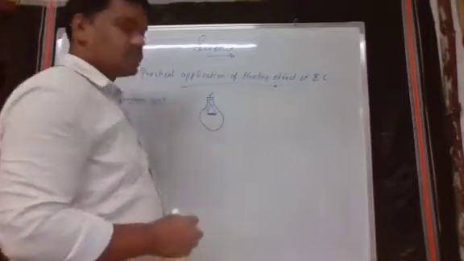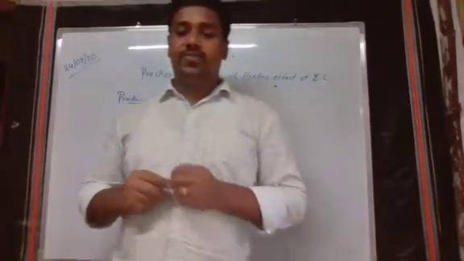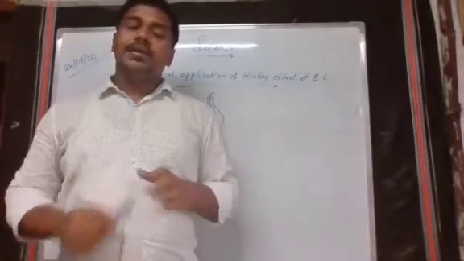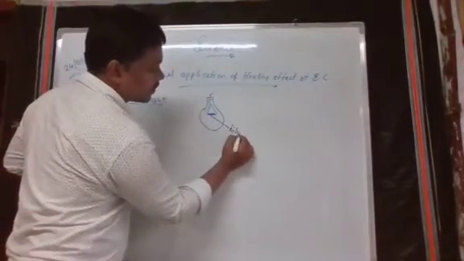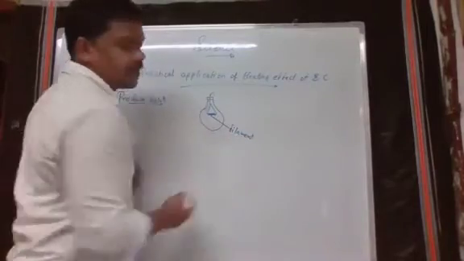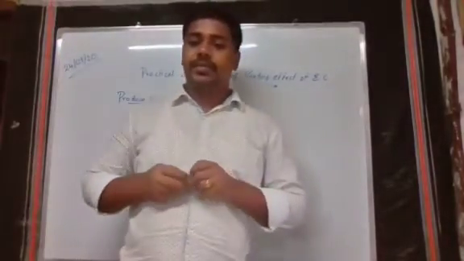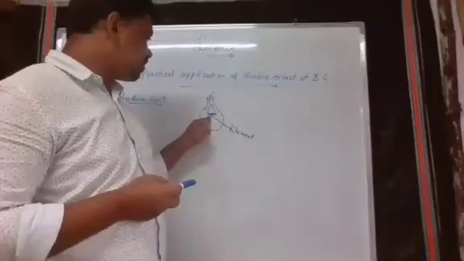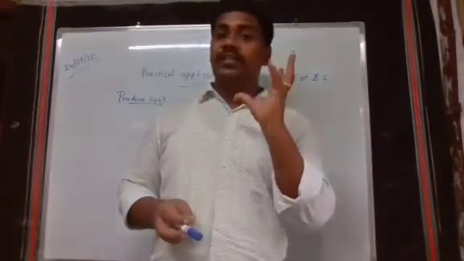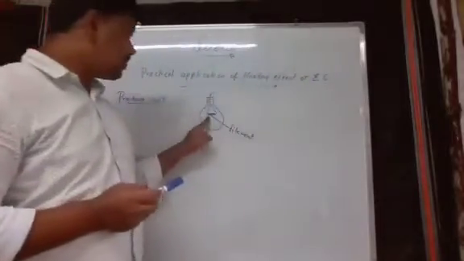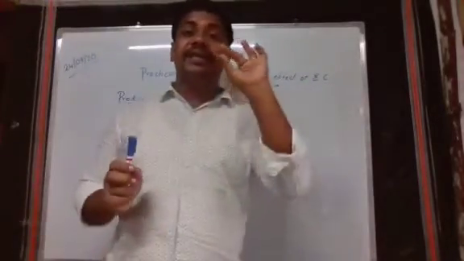In the case of the bulb, this filament gets heated and emits light. If you observe the bulb while it is burning, you can see this part of the bulb is burning red.